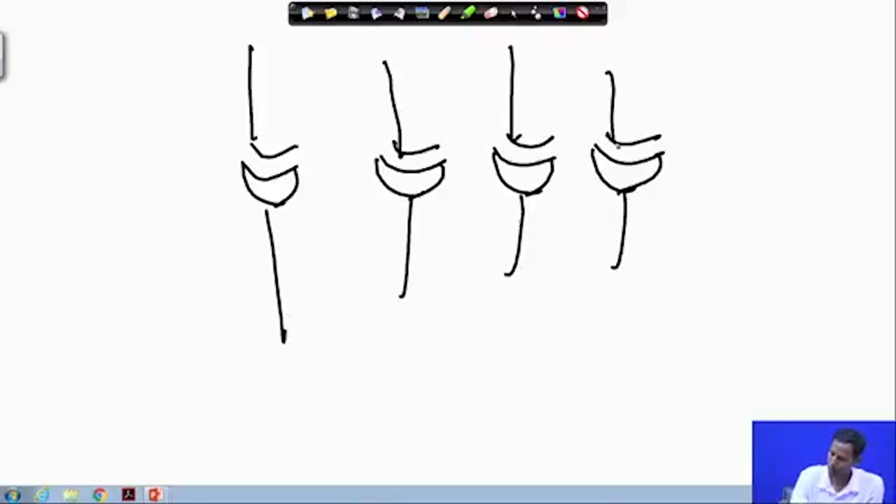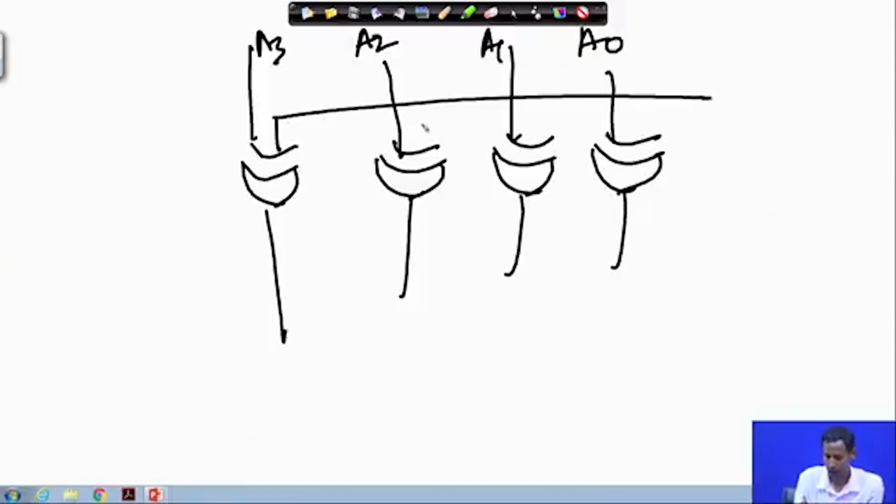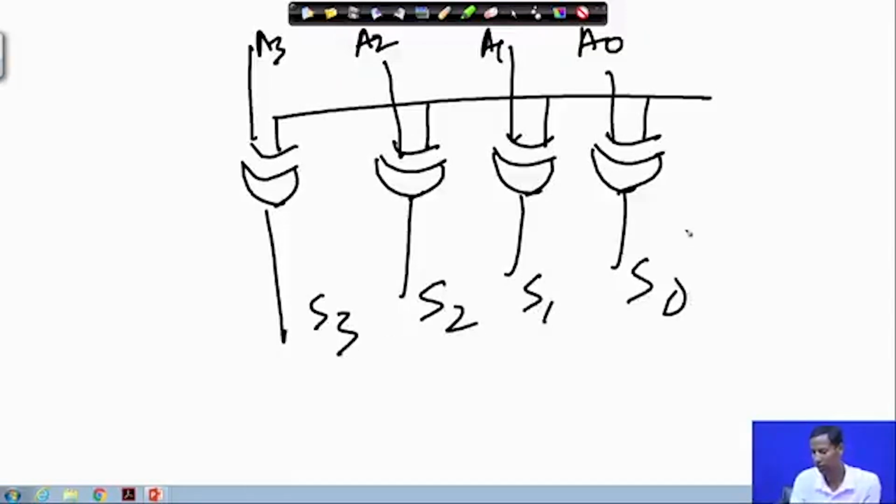Each of these inputs is A3, A2, A1 and A0, connected to S3, S2, S1 and S0, and this is the enable signal. According to the logic, what will happen?